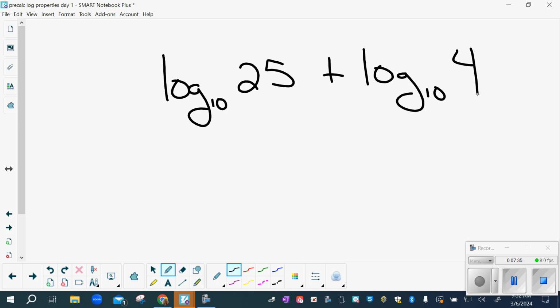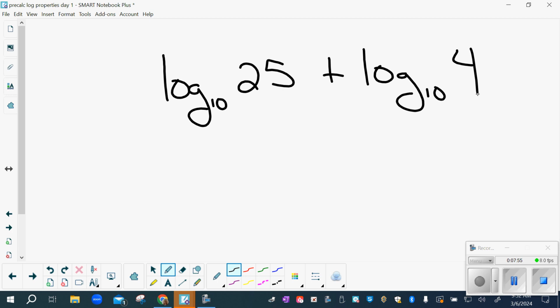Now I'm going to walk you through why it's going to happen. This only happens sometimes, and it will only happen if there are no letters, no variables. But in this case, because this is pre-calculus, we're going to start watching for ones that we can go an extra step on. We're going to talk about what that extra step is real quick.